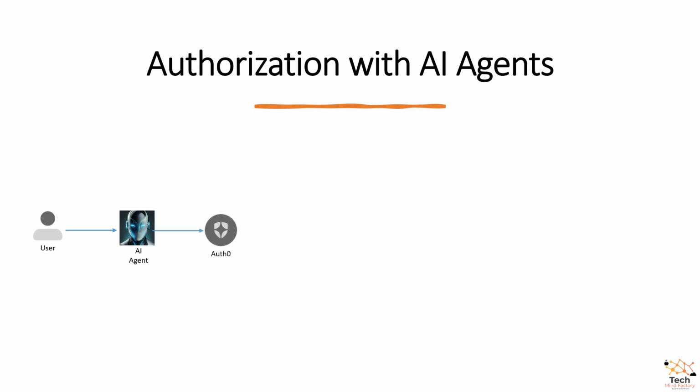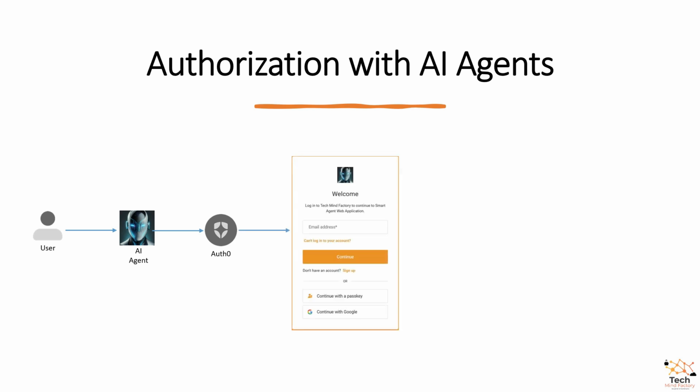So again, we have our AI agent integrated with Auth0. Auth0 is responsible for authenticating users. In this case, we have the login page. Once the user is successfully authenticated, there is an AI agent ready to actually talk to the user. The AI agent knows the user identity, and then the user can ask the AI agent to proceed with different kinds of operations.